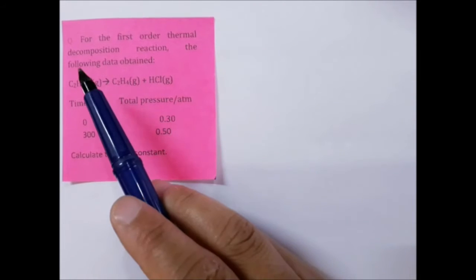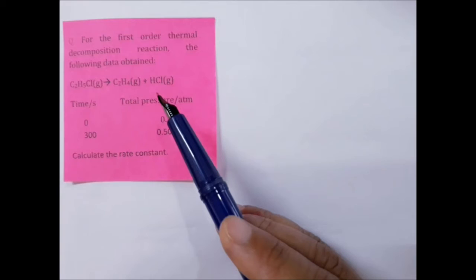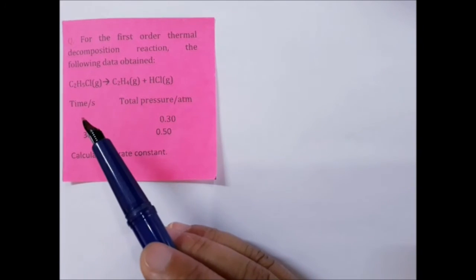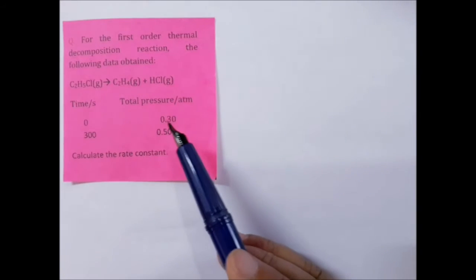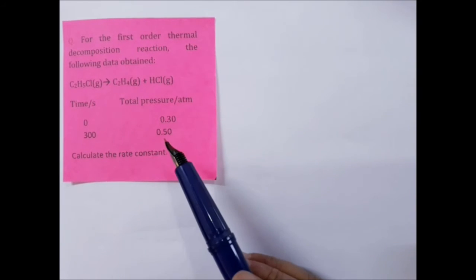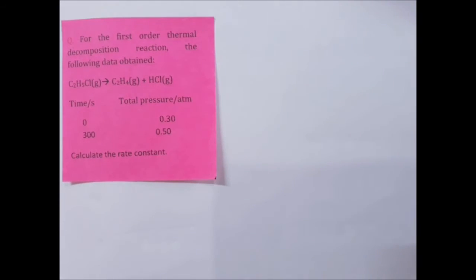For a first order thermal decomposition reaction, the following data was obtained. This is a typical first order reaction in the gaseous phase. Initially the total pressure is 0.30 and at time 300 the total pressure is 0.50. You need to calculate the rate constant.